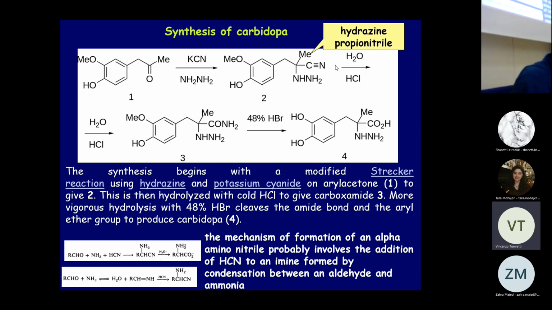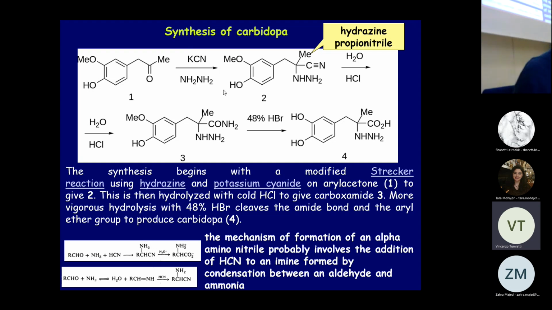So the first point is to introduce the cyano group and the hydrazino group on this carbon atom, the carbon atom of the carbonyl, the ketone. You see there is a methyl group on the OH in 3, in meta. This methyl group is to protect the group from the oxidation, from the condition of the reaction. It is an ether.